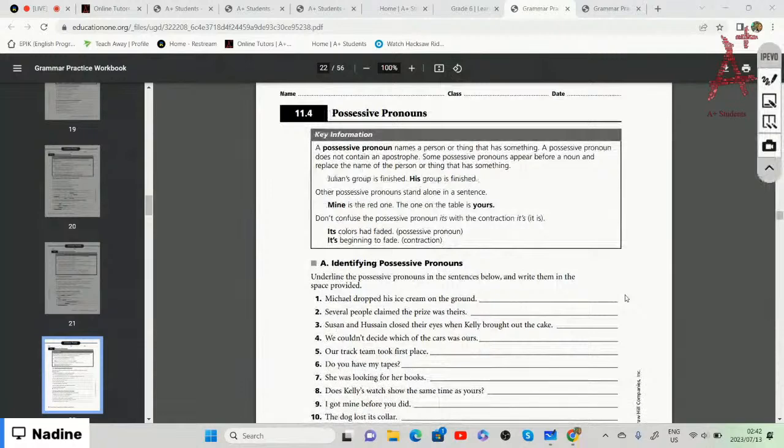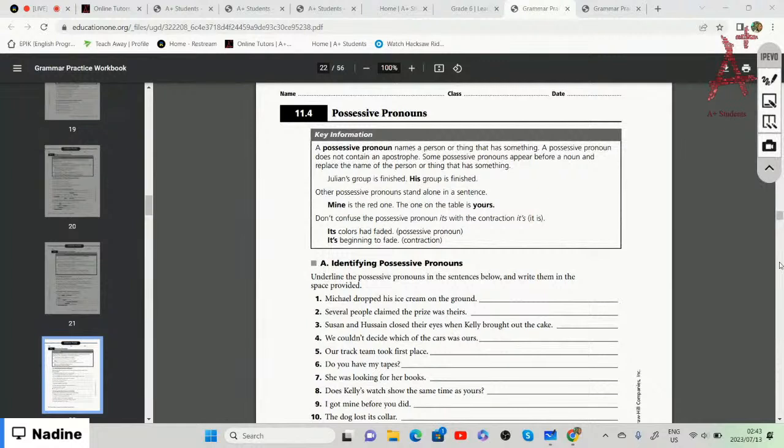So those are possessive pronouns. You get ones that appear before a noun, and we have ones that stand alone without being in front of a noun.